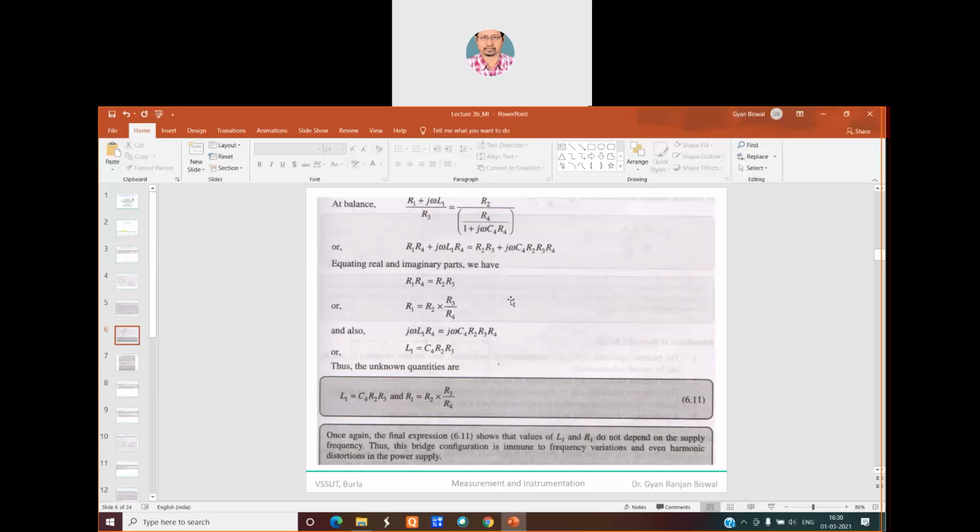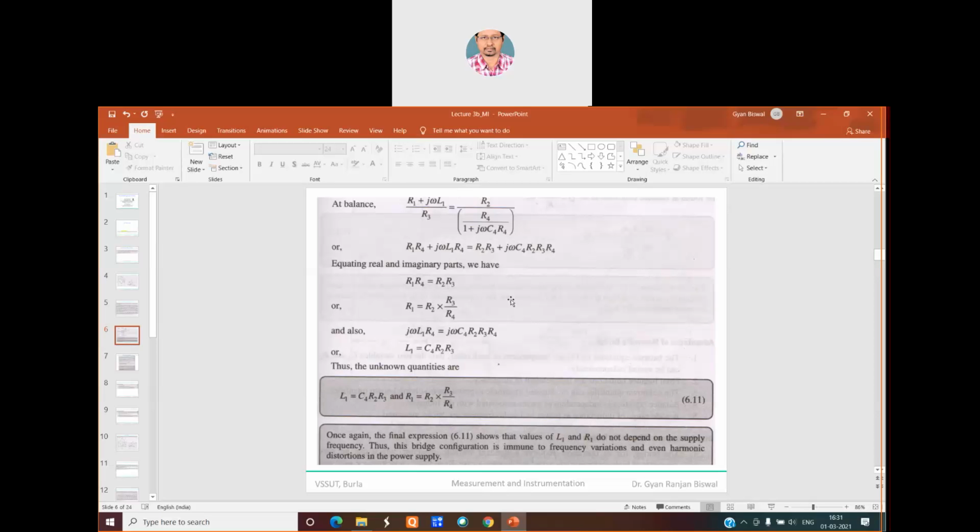Now you will get a real component and an imaginary component. Just separately equate the real components and separately compare the imaginary components. What you get is R1, which is the internal resistance of the inductance L1 under measurement, because L1 is the unknown inductance which you need to find out.